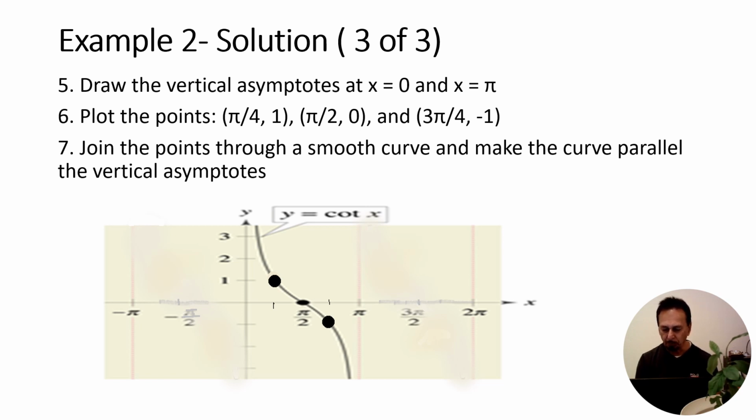Then we plot the points: pi over 4 and 1, then pi over 2 is 0, and then 3 pi over 4 and negative 1. And this is the vertical asymptote. Now we connect these points and draw this curve parallel to this vertical asymptote and this one parallel to this vertical asymptote.